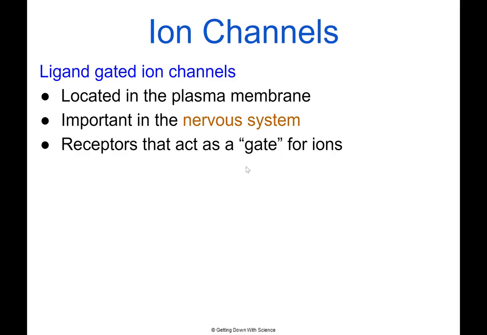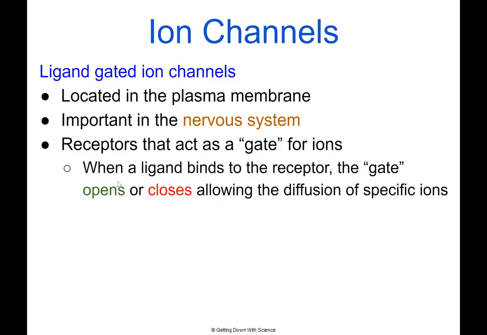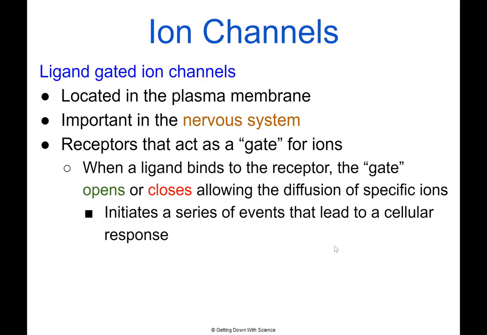The receptor acts as the gate for the ions. When the ligand binds to the receptor, the gate opens or closes depending on what direction and what ions it needs to do, allowing for the diffusion of certain specific ions, for example, sodium or potassium.